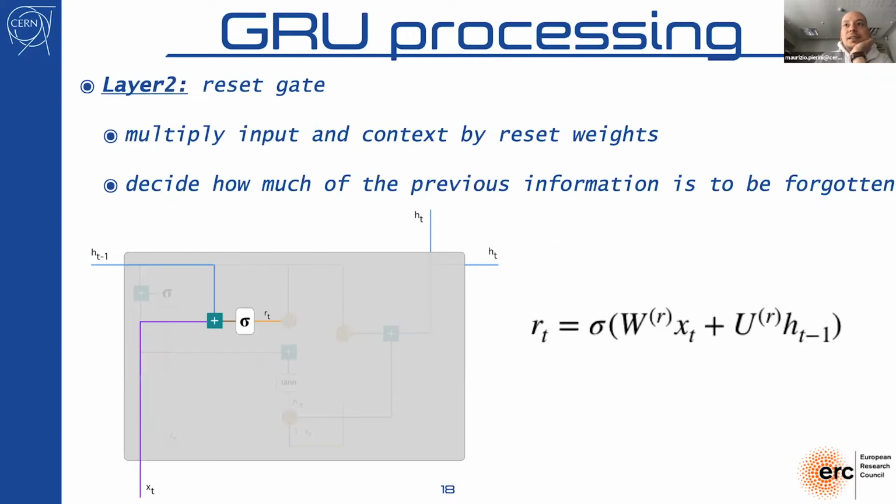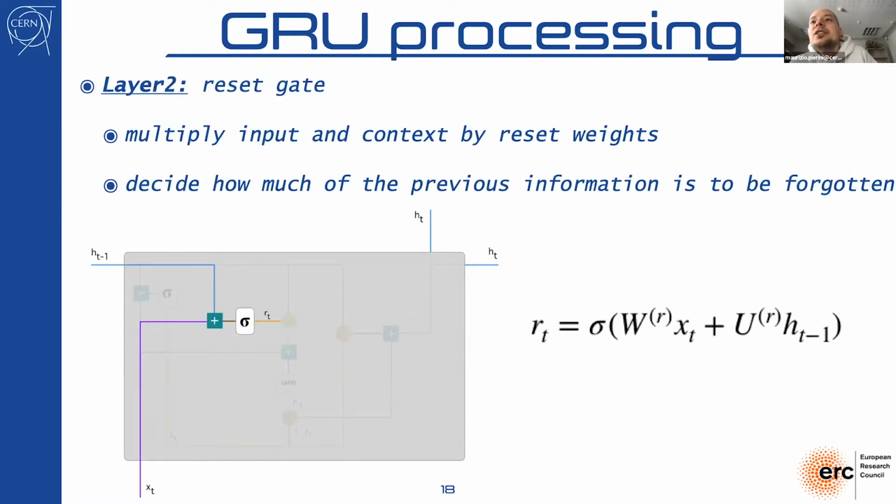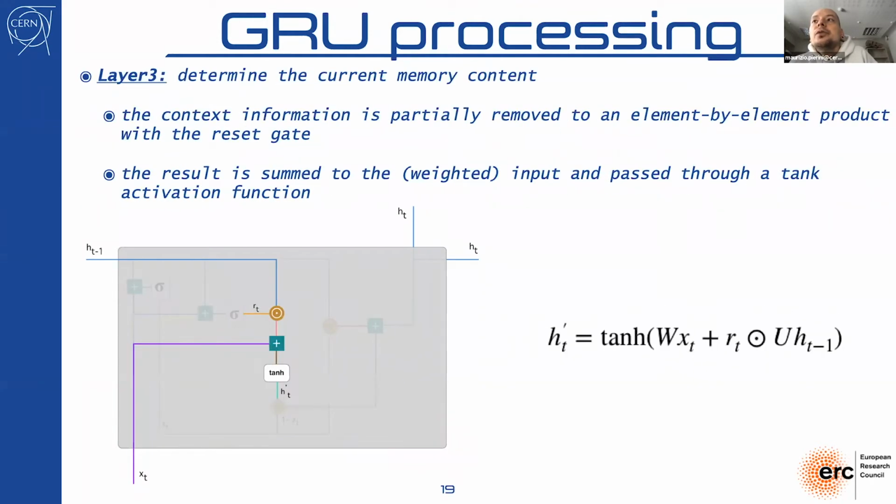But the second layer instead is a forgetting gate, where you do the very same operation mathematically, but then you will see that in the next iteration, this R is used as the fraction of information that you want to remove. And R and Z are used together in the third layer, in which you decide the new memory cell information H.